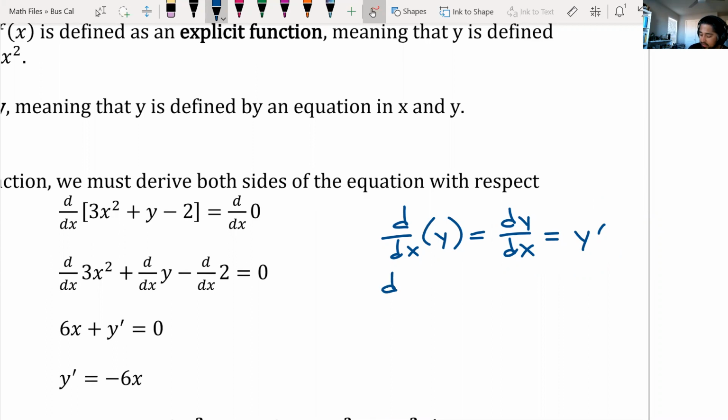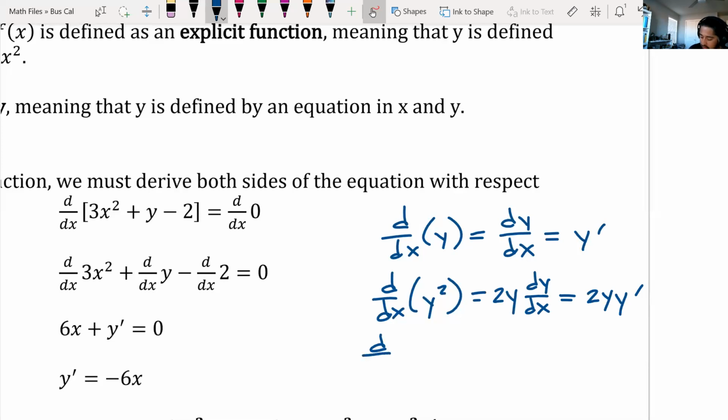Now let's say we did d over dx of y squared. Then this would become 2y dy over dx, or 2y y prime. And then let's do it again. d over dx of y cubed would be 3y squared dy over dx, or 3y squared y prime.